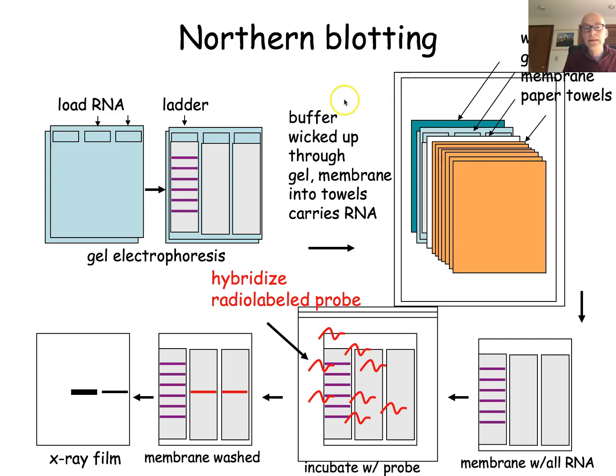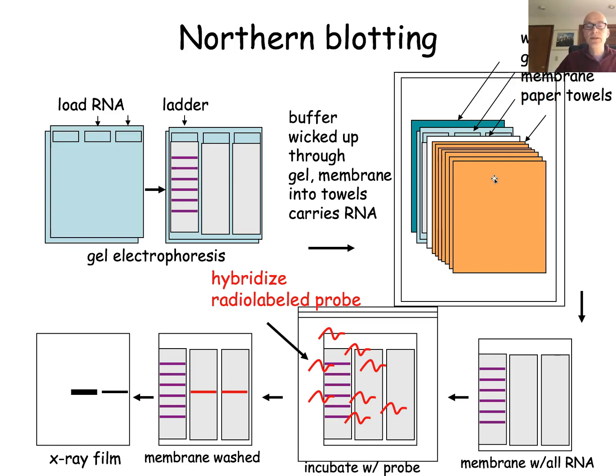So the buffer is then wicked through the gel and then onto a membrane. That's the next layer here. So here's the membrane. It's a nitrocellulose membrane usually, sitting on top of the gel, sitting on top of the wick, which hangs into the glass tray. And then on top of the membrane, you put a stack of paper towels, and those are just simple paper towels out of the paper towel dispenser in the lab.